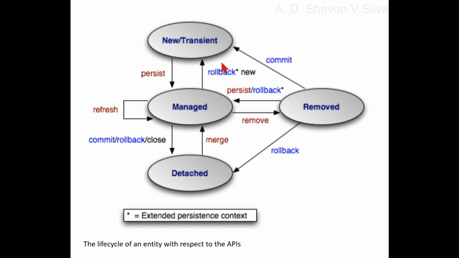Here you can see new, transient. New transient interacts with managed. Persist is passed from new transient to managed, and rollback is passed from managed to new transient.